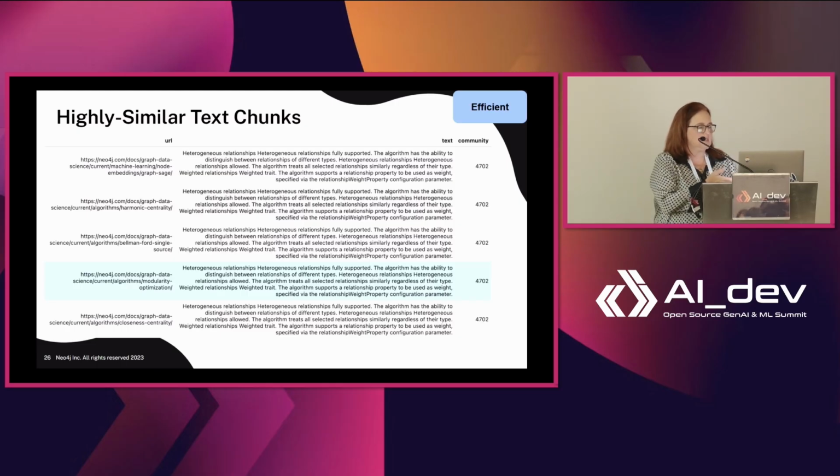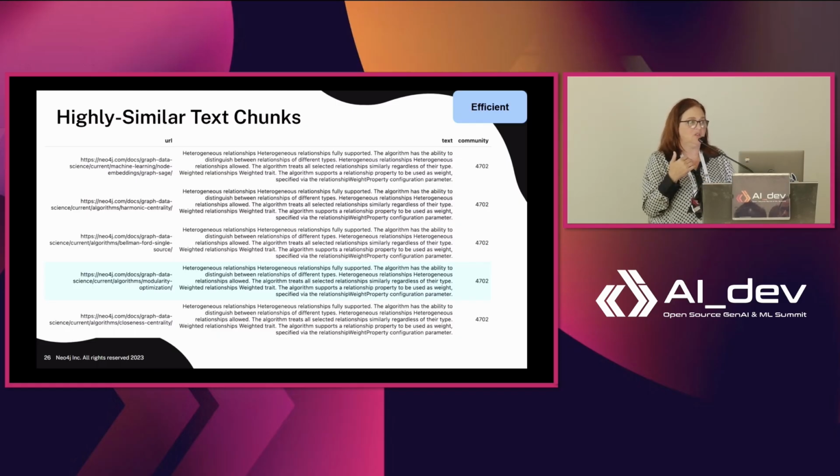In this case, it's about heterogeneous relationships, which goes across many of our algorithms. But when I think about a K of 5, I want every one of those chunks that's coming back to be useful. So I don't necessarily need this many versions of an explanation of heterogeneous relationships in a graph database, right? But I do want to make sure that I know that chunk is related to all these different algorithms and all these different URLs that are listed.